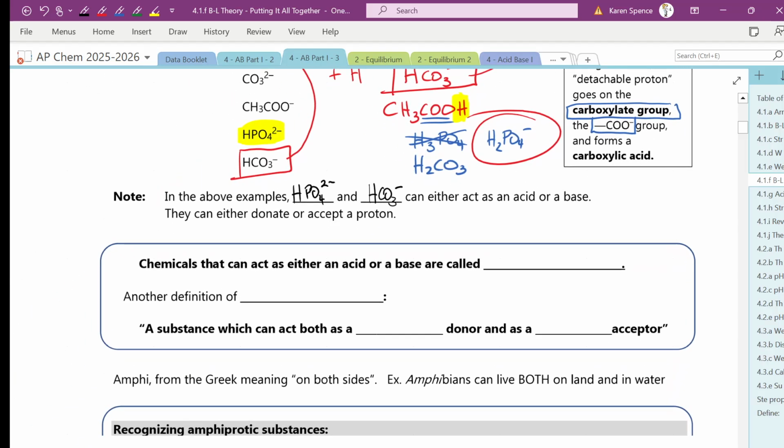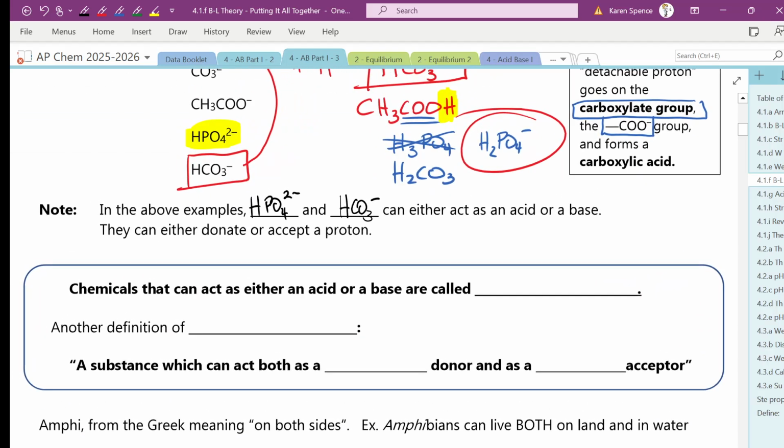Okay. Chemicals that can act as either an acid or a base are called, everyone practice writing it so you know you can spell it, amphiprotic. Not ambiprotic.